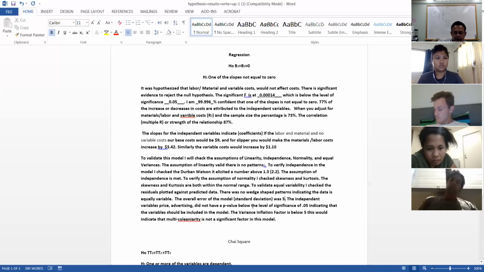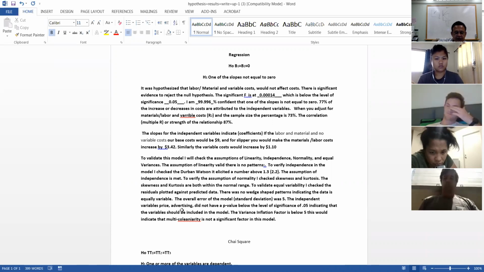Independent variables all had a p-value below the level of significance. That is not true. Labor and materials, the p-value was 0.24. So that had a problem. The p-value for labor and materials is not valid.